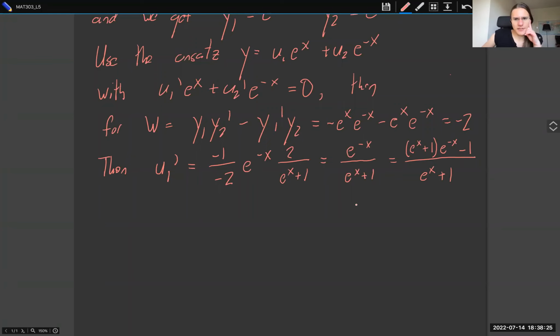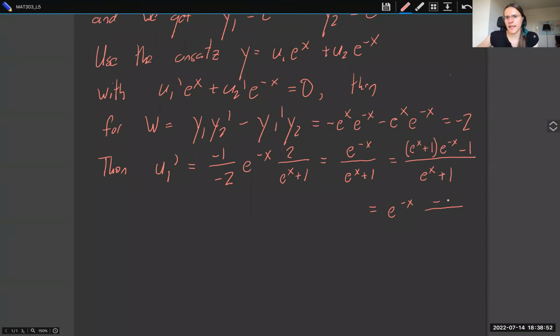And so what that gives me then is that it's e to the negative x minus 1 over e to the x plus 1. However, I'm going to do something even more clever. I'm going to divide top and bottom of this by e to the x.